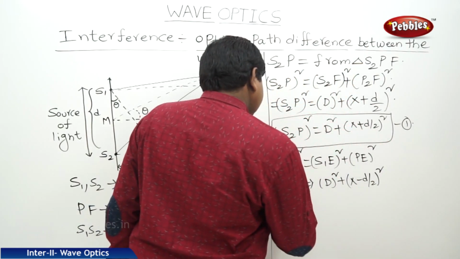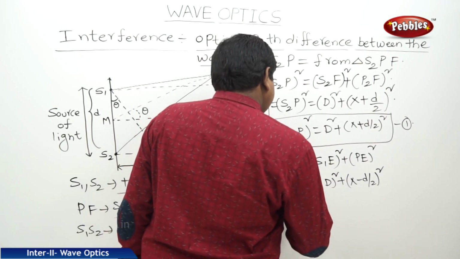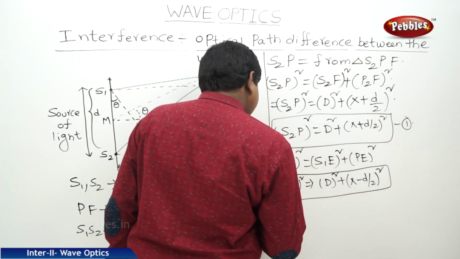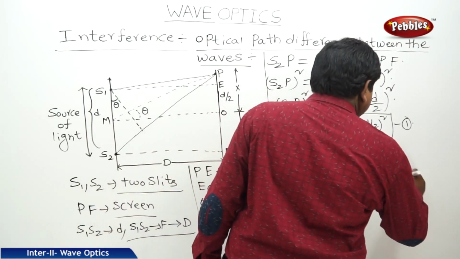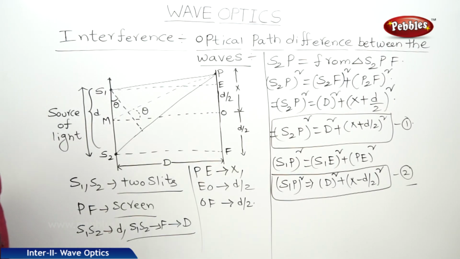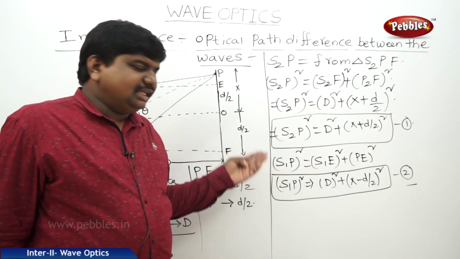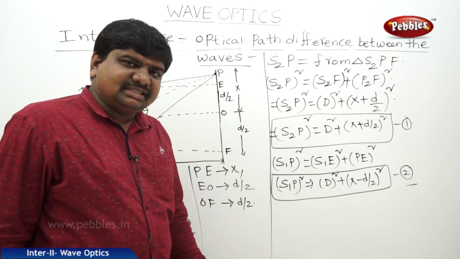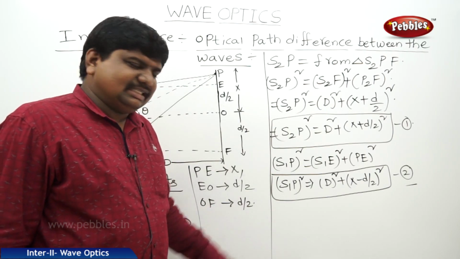This is S1P whole square. Let us suppose this is equation 2. So from equation 1 and equation 2, we can find out S2P and S1P, the path difference S2P minus S1P. Now we will discuss that.